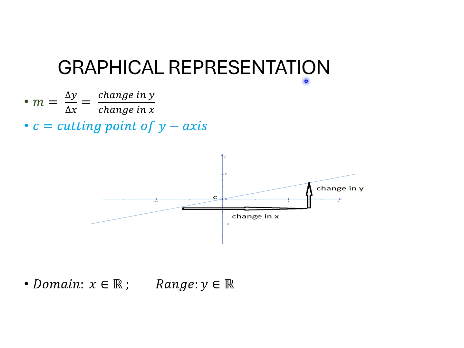Graphical representation: there's my straight line drawn. The gradient is the change in y over the change in x. Where the line makes contact with the y-axis is called my cutting point. For the domain, because a straight line continues through all x values on the negative and positive side, we say x is an element of real numbers.